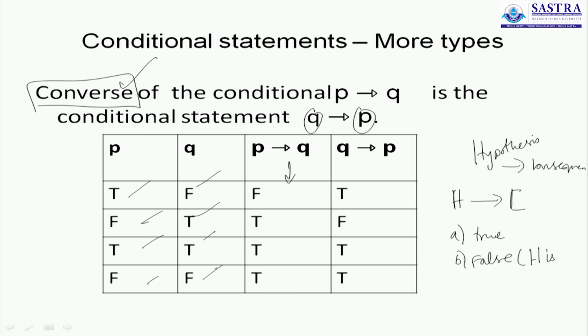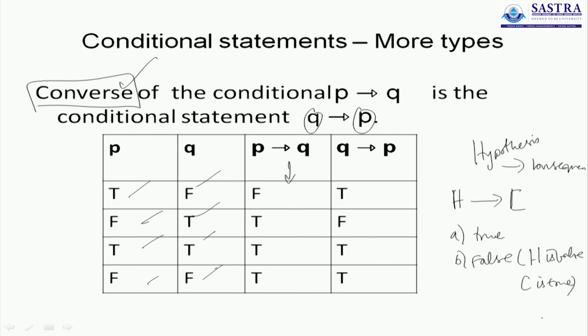When H is true but C is false. Only in this case do we see a false value. So the converse of the given statement is also a conditional, therefore its truth table will also be closely similar to what we saw in the other statement.